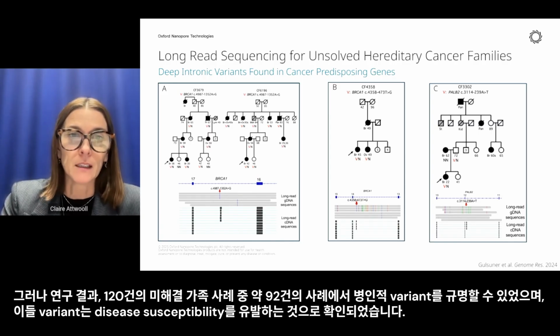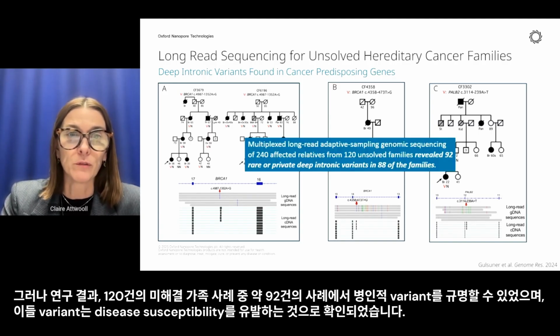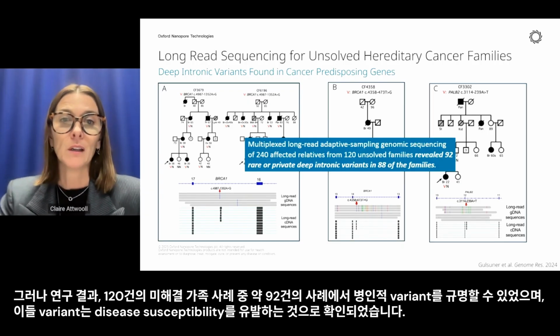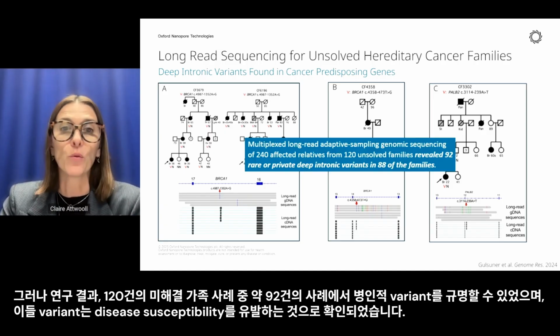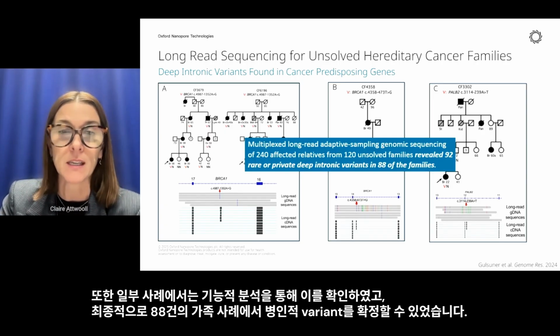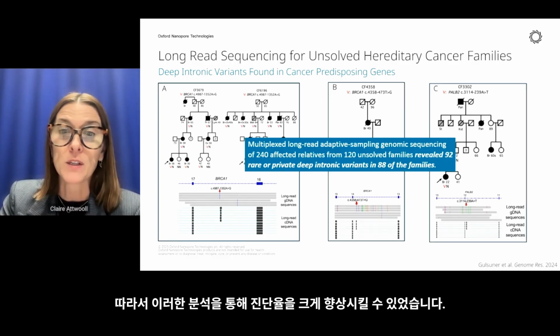But from 120 unsolved families, they were able to resolve 92 causative variants that they thought were predisposing, and in some cases actually functionally determined this in 88 of those families. So really increasing their diagnostic yield from this testing.